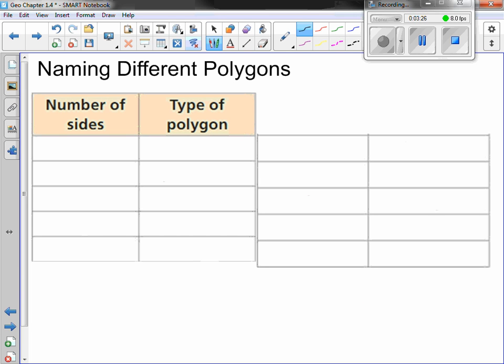Now, that's one way to name it, based off the letters. The other way we can name it is based off the sides. Now, the least number of sides we said was what? What do we name a 3-sided polygon? It's a triangle.